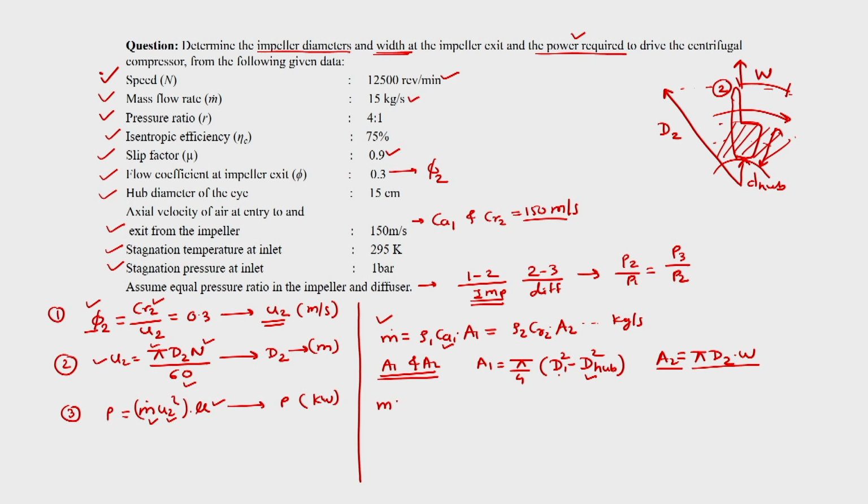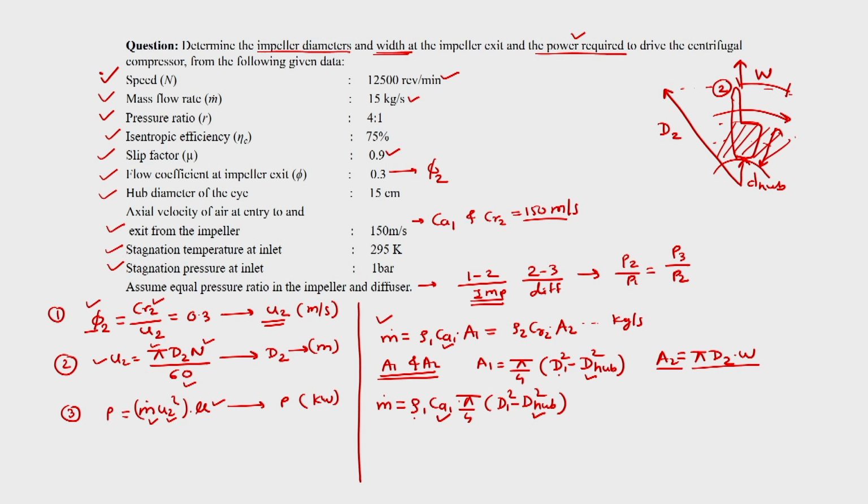So let us consider m dot is equal to rho 1 C_a1 into pi by 4 (d1 square minus d hub square). d hub is known, d1 is not known, C1 is known, rho 1 is not known, but we can find out rho 1.